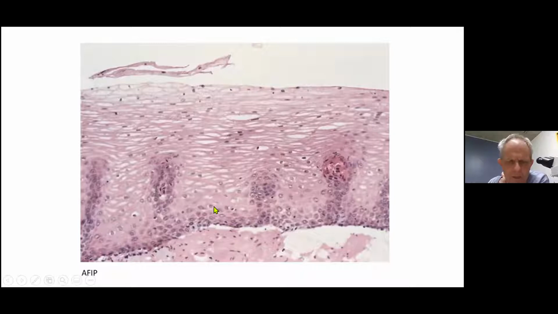And as the cells mature, they move up through the epithelium, and you can see evidence of maturation. If you look at the nuclei here, you can see that they are relatively large compared to the size of the cell. So we call that an increased nuclear cytoplasmic ratio.